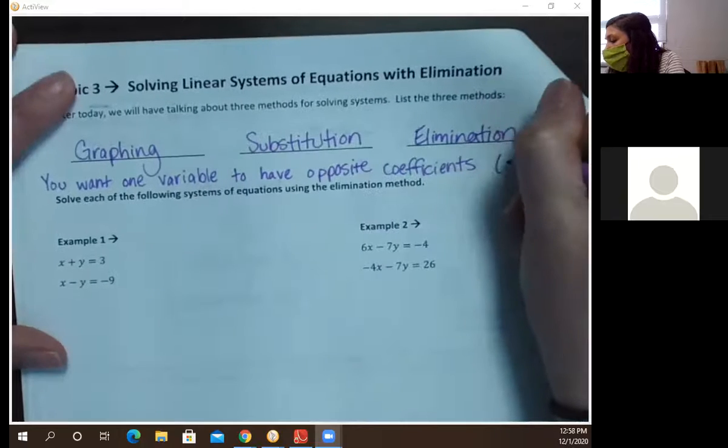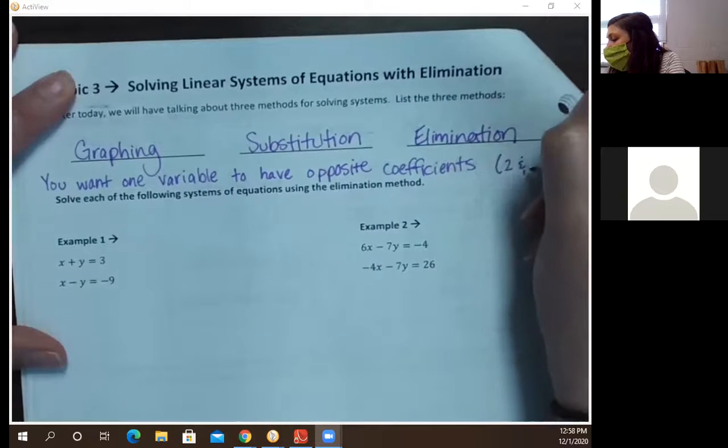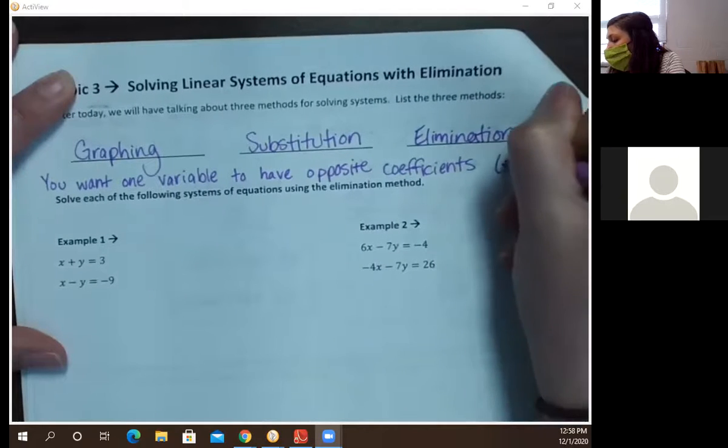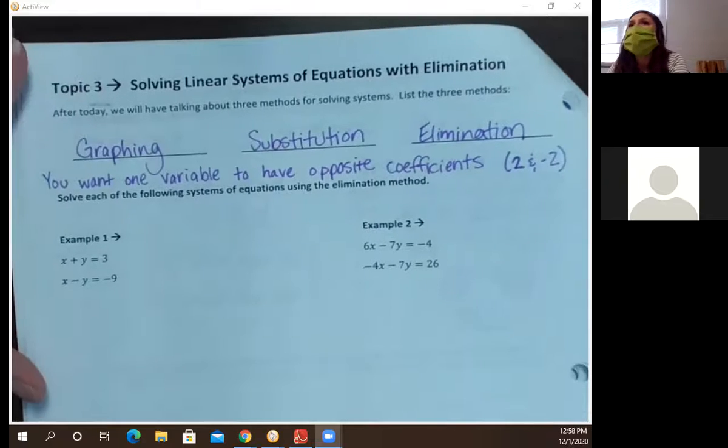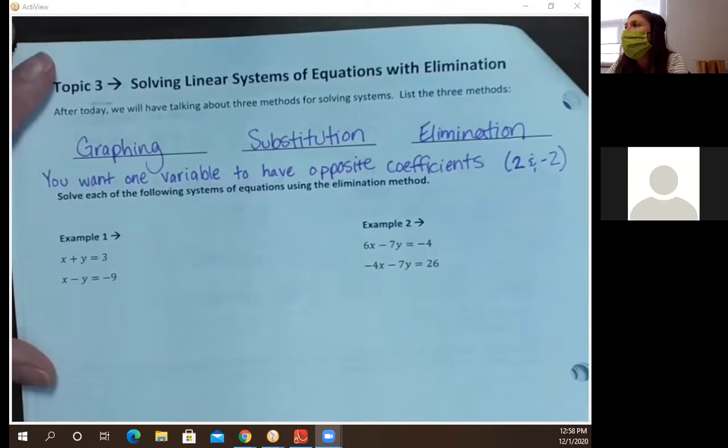So for example, 2 and -2, opposite coefficients. -14 and +14. So I want one of my variables, either the x's or the y's, to have opposite coefficients.